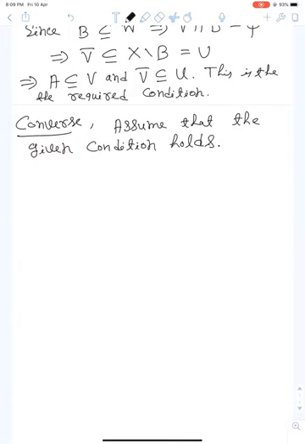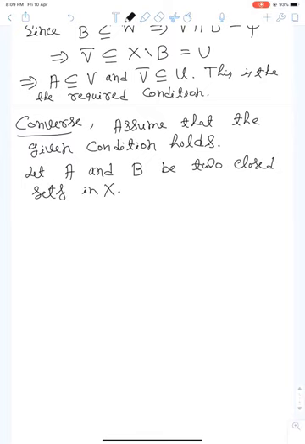Therefore, let A and B be two closed sets in X. Right? So we need to prove that X is normal. That means we need to find two open sets U and V, right?